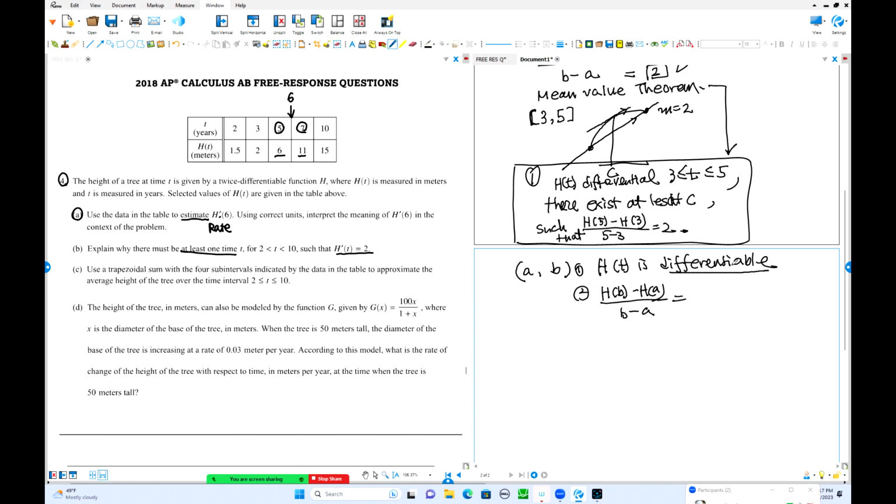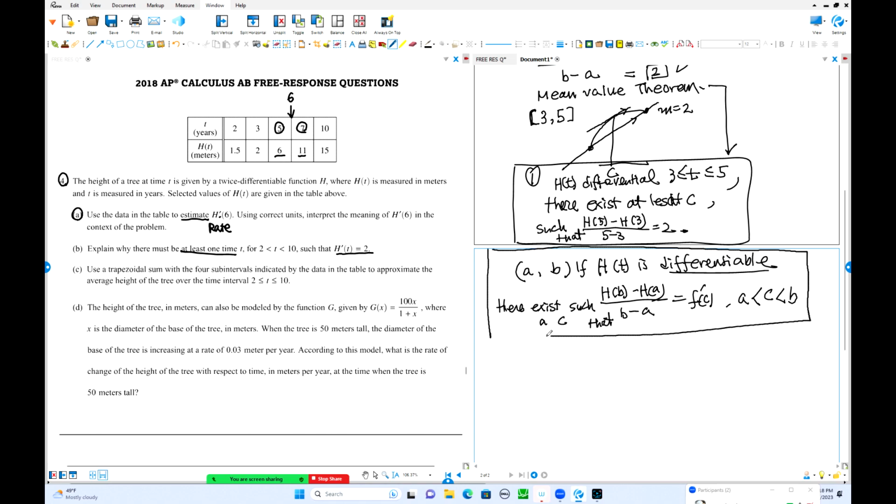If h(t) is differentiable, there exists at least a c such that this equals f prime of c. But c must be between a and b. That is the mean value theorem. You have to memorize this one, okay?